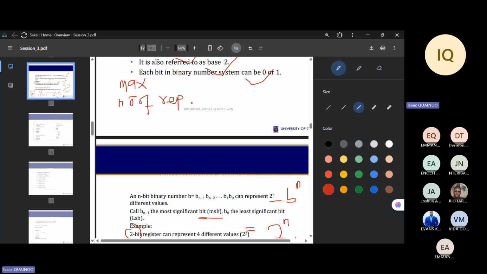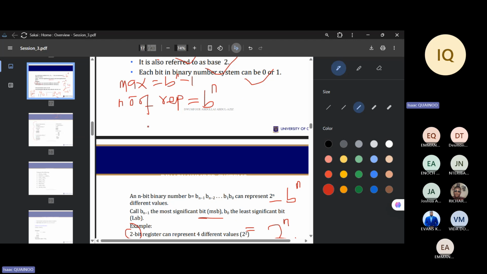And we said to record the formulas: the maximum representation is b raised to the power n, everything minus 1. And the number of representations is b raised to the power n. Okay, where b is the radix or the base of the number system, and n is the number of digits that can be contained in it. And then we subtract 1 to get the maximum.